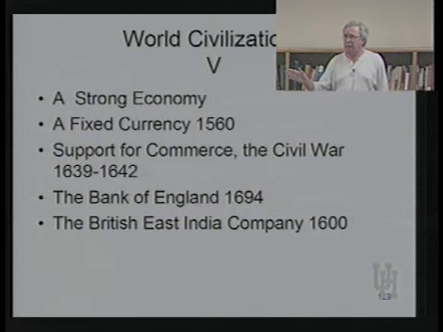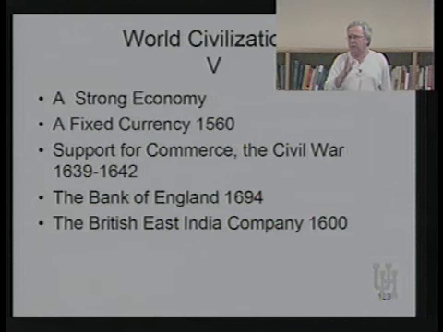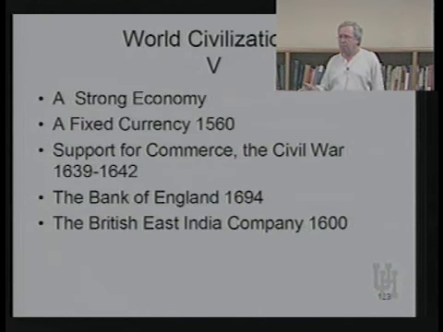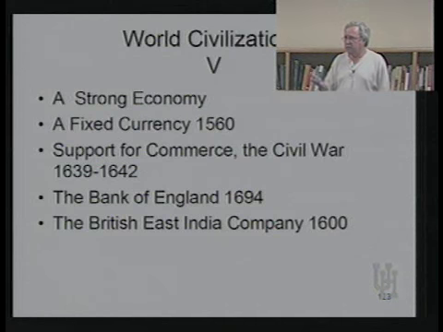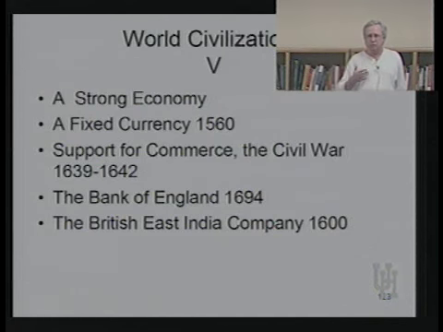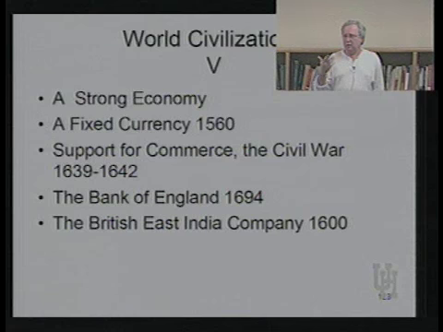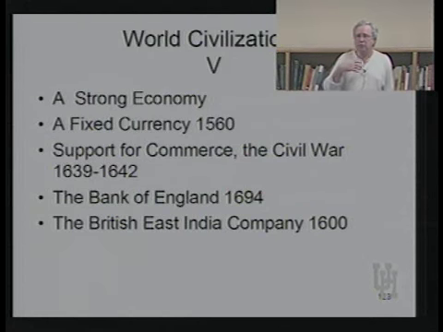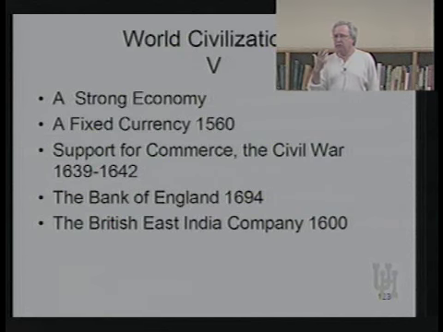So England may remain and would return to being a monarchy, but it would be a monarchy heavily influenced by groups that wanted to see rapid international economic growth. Another step in this direction was the establishment of the Bank of England in 1694, which provided an established institution overseeing currency, overseeing finances in the country.